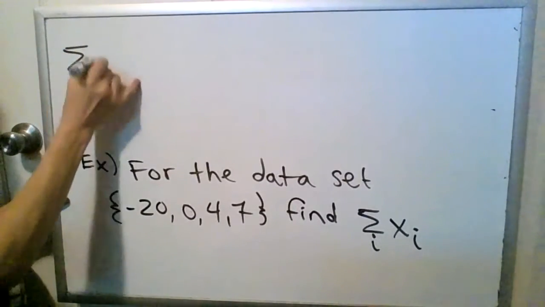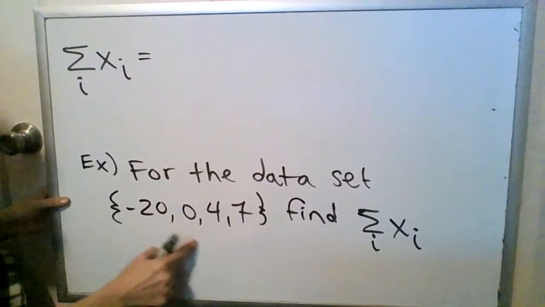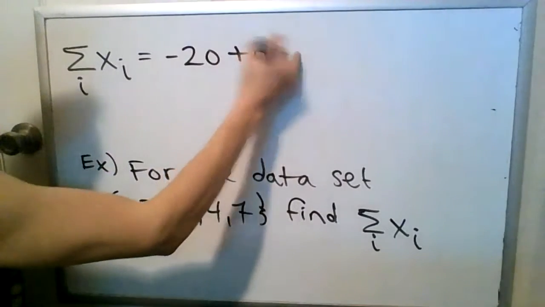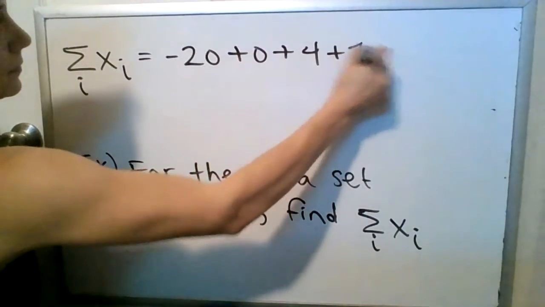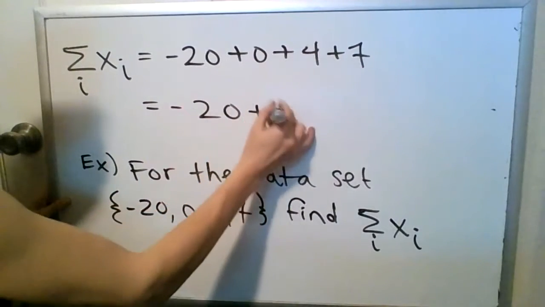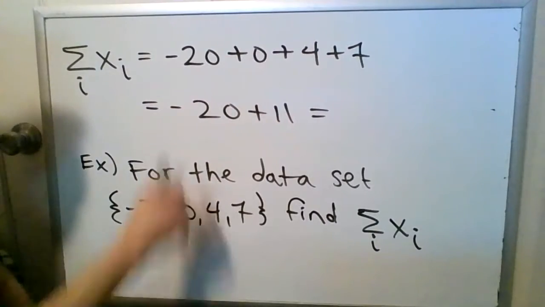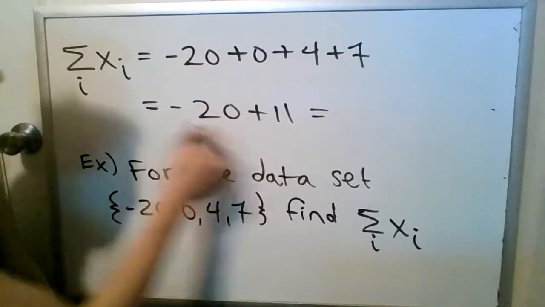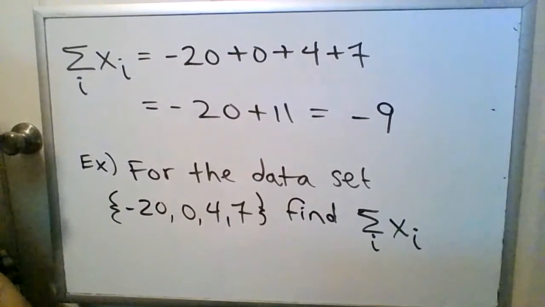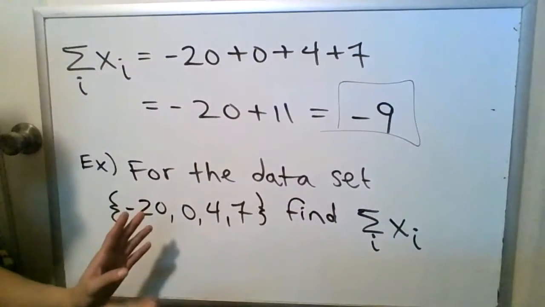Sum of all I for x of I is -20 plus 0 plus 4 plus 7. -20 add 11. The difference between 11 and 20 is 9, but this negative value is larger, so it's a negative. I like to put a square around my answer to highlight it.